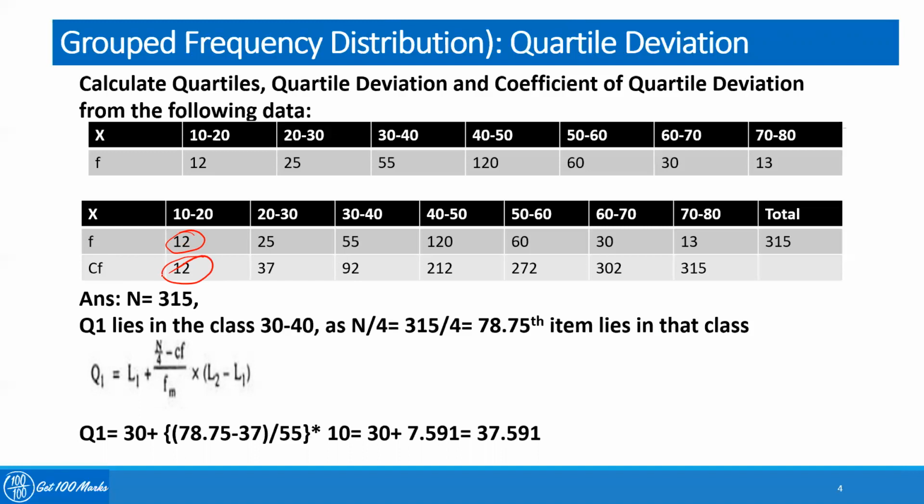For the second class interval, the frequency is actually 25. So the cumulative frequency will be 12 plus 25, which is 37.